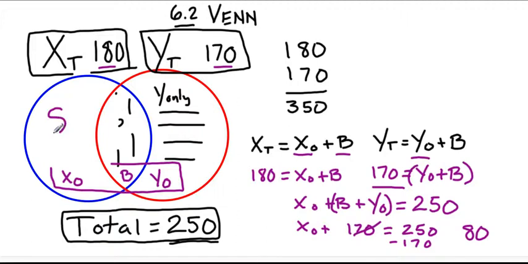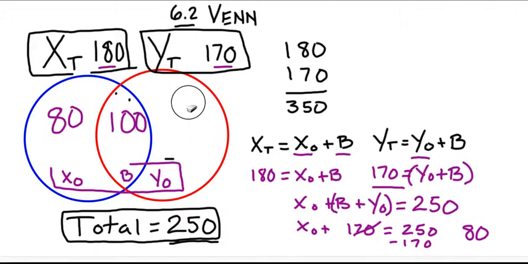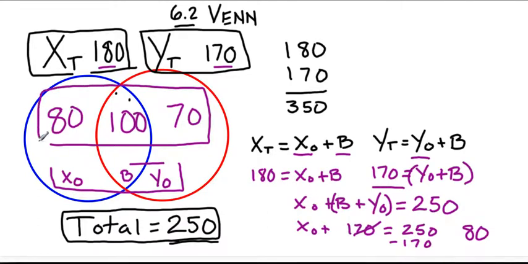So I have 80 people that only own dogs, which means that in my both category, I'm going to have 100. 80 and 100 is 180. And in my Y only category, I'm just going to have 70, because 100 subtracted from 170 is 70, and 80 plus 100 plus 70 is my 250.